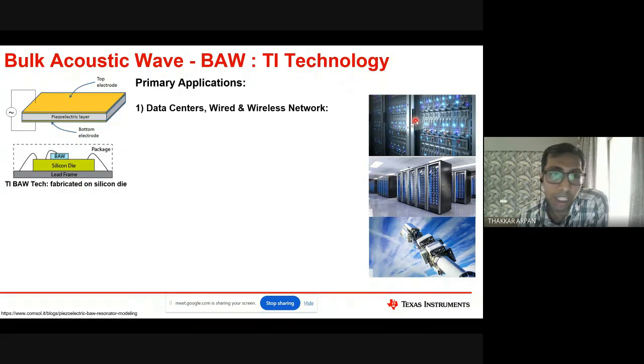I am not saying that this technology has enabled everything. All I am saying is it is helping to pack more. So let's say earlier one board needed a 3.2 mm by 2.5 mm area.